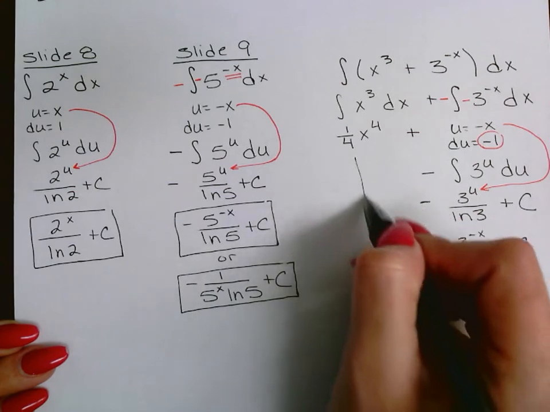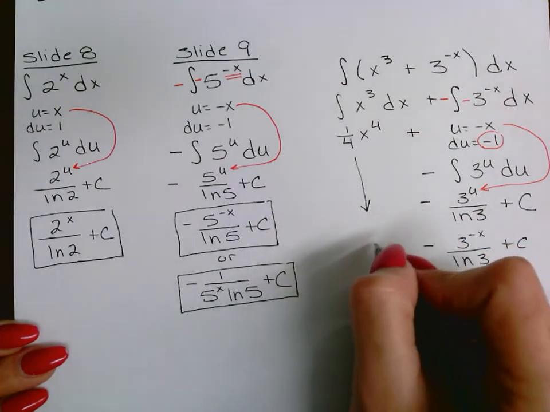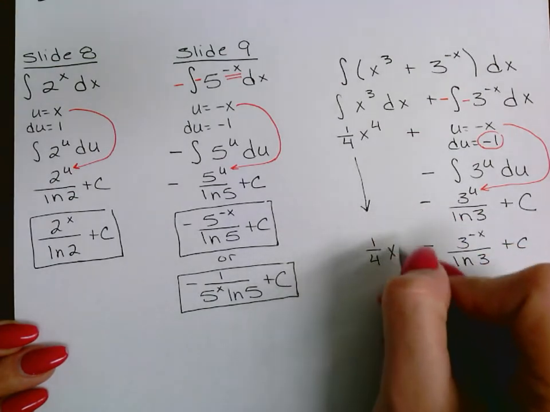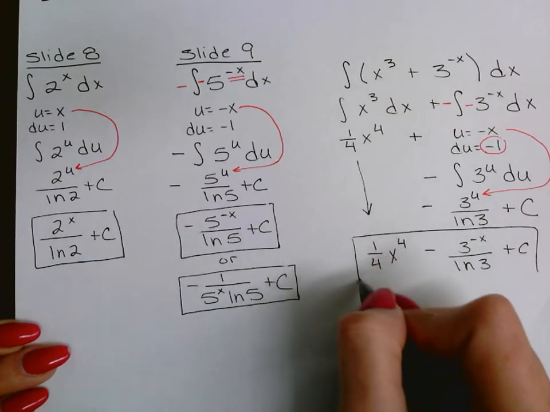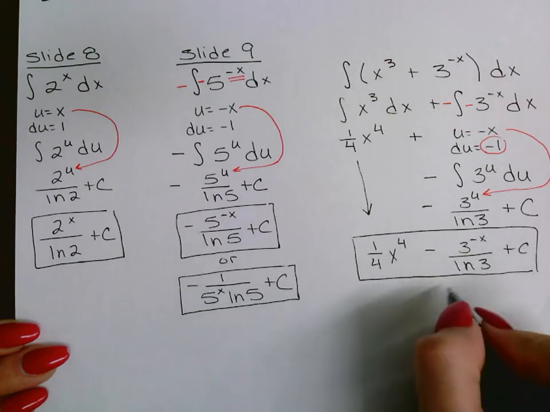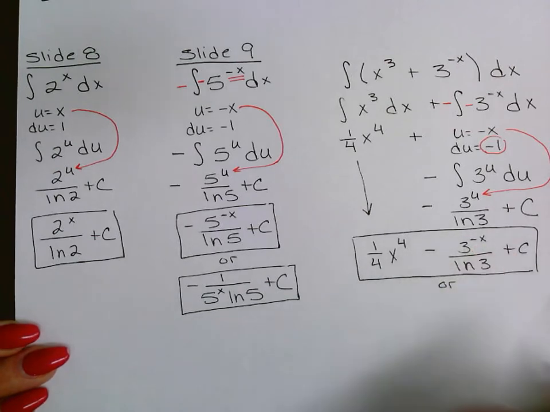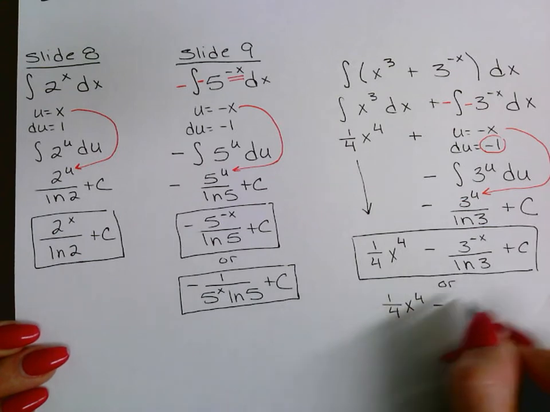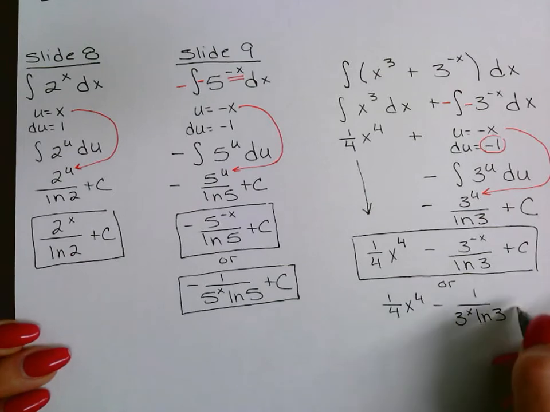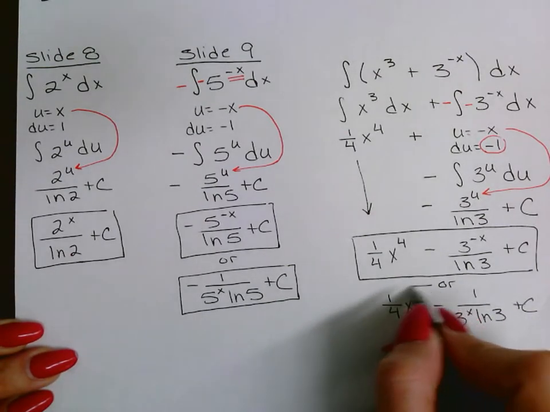I need to bring this guy down and say 1 over 4 x to the 4th. And again, remember, if you are in AP or planning on taking AP, they do not allow negative exponents. So I would change that 3 to the x down to the denominator, leave a 1 in the numerator. And that would be my final answer there.